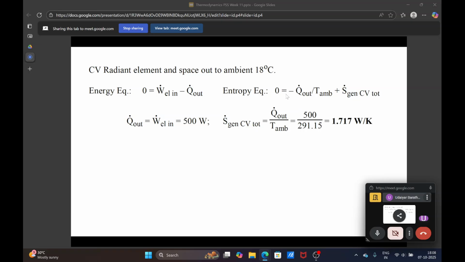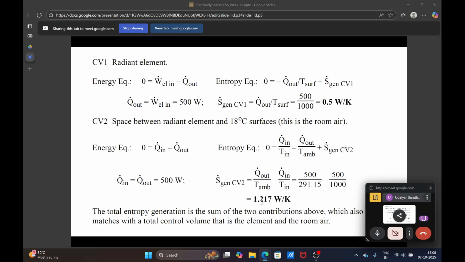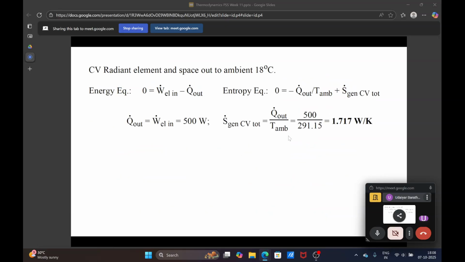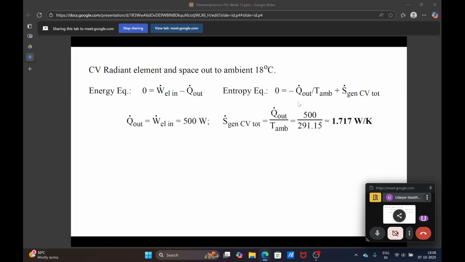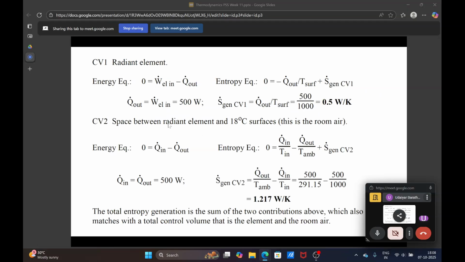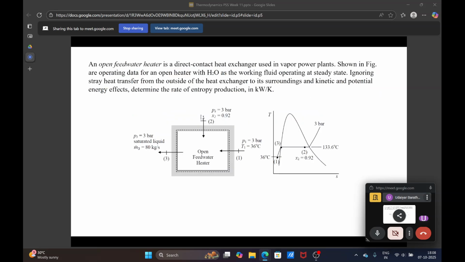So the energy which is radiated out from the space is q out by T ambient, so that comes out to be 1.717. So this is similar to what we did in the calculation, the sum of both. So entropy is generated because of the heat transfer in both the element as well as the ambient.